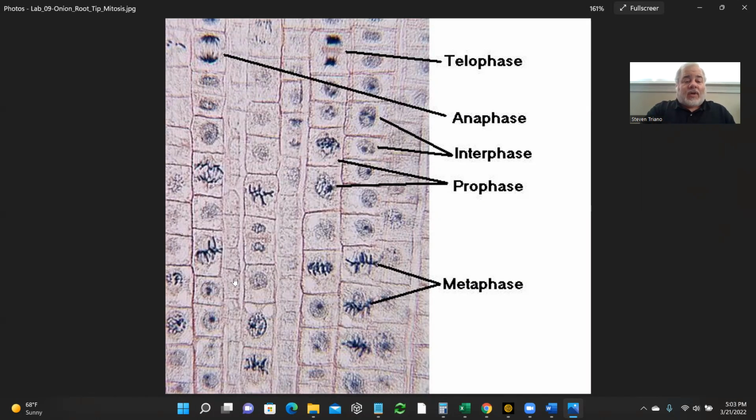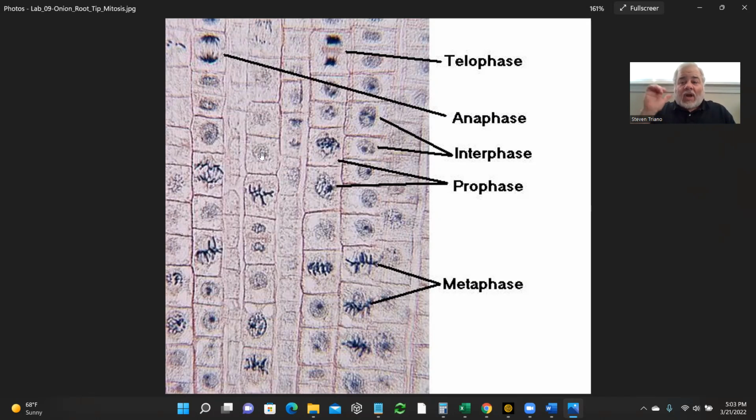Again, I can't do anything with the vertical column of cells on the image, so I go to the next one, and most of the detail is lost here. This kind of looks like interphase, but clearly I've lost too much information because they've been sliced off.